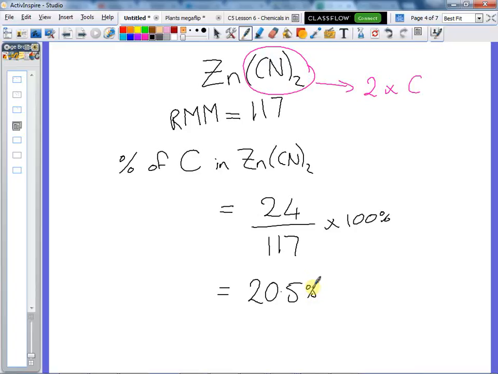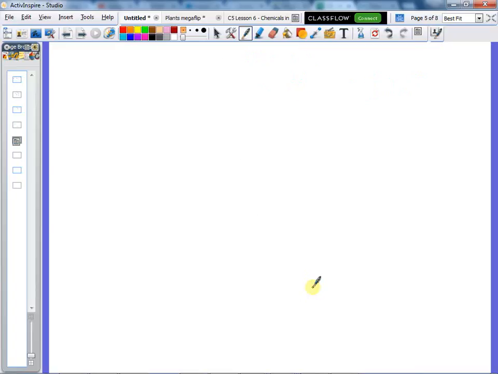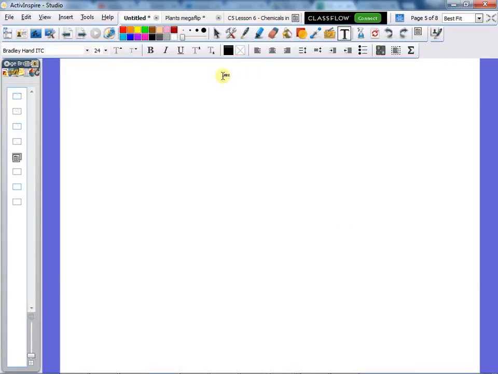We're going to have lots of practice at doing this. What I'm going to move on to now is a different way of questioning these, and I'm going to type these questions out because it's probably a little bit quicker, and you'll be able to read it easier than my handwriting.